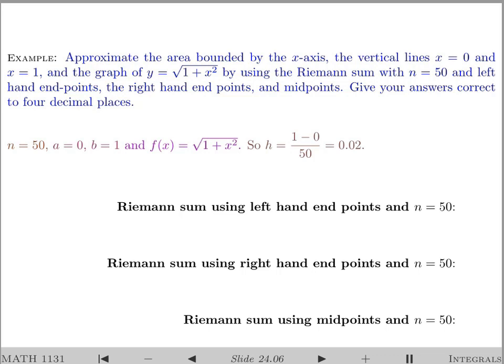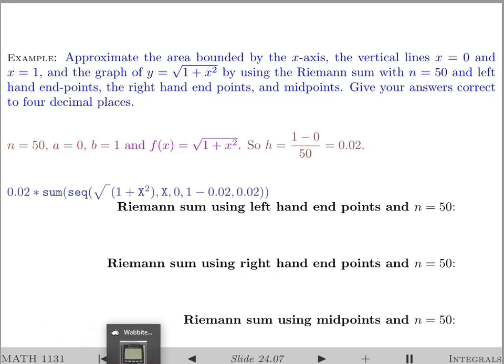If you think about this in terms of intervals, the first subinterval will be from 0 to 0.02. The left-hand endpoint is 0. The last subinterval will end at 1, so it starts at 1 minus 0.02. So when I use left-hand endpoints, the first point in the sum will have x equals 0. The last one is 1 minus 0.02. And the step size is also 0.02.